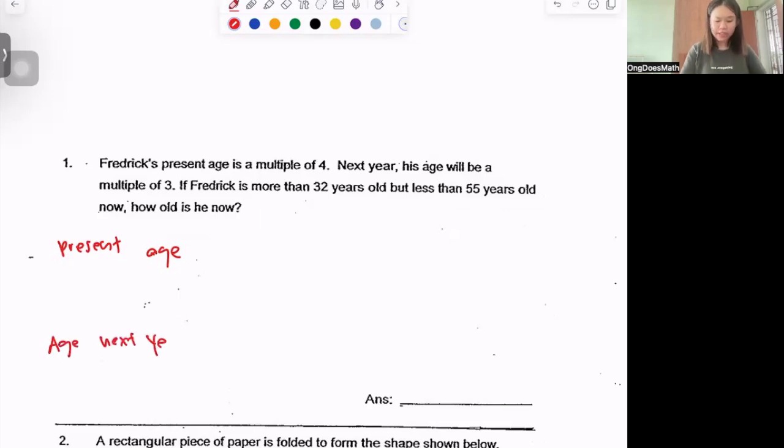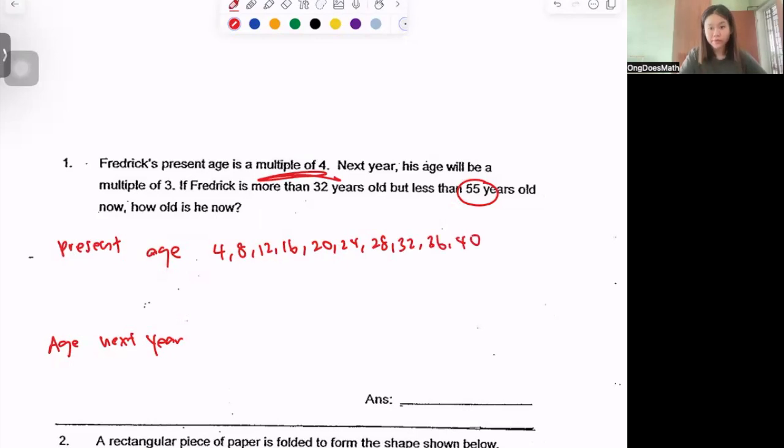They tell you that the present age is a multiple of 4. So let's list out your multiples of 4 all the way until 55. 44, 48, 52, 56. You only need to list out until 55 because his age is less than 55. What about the age next year?